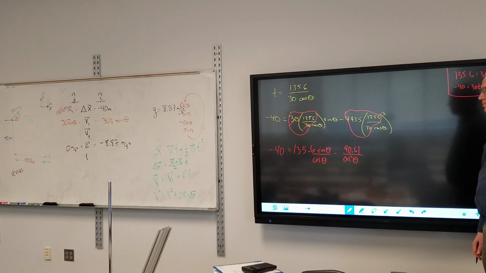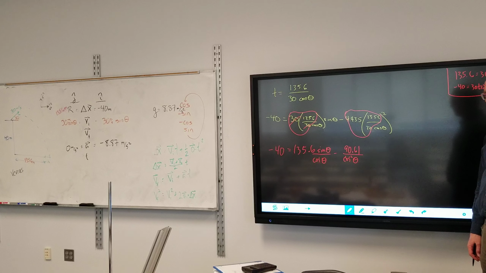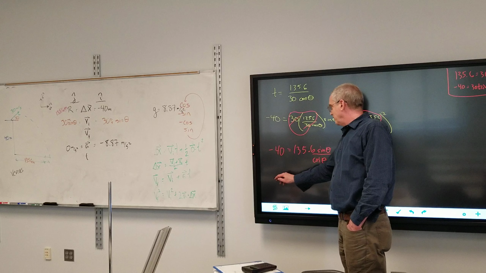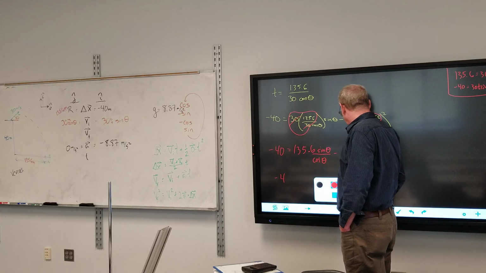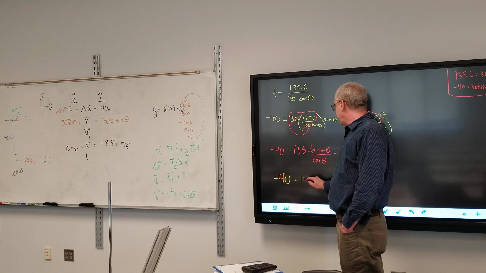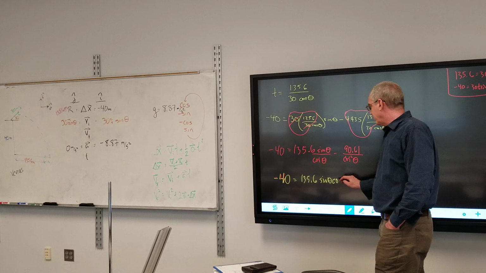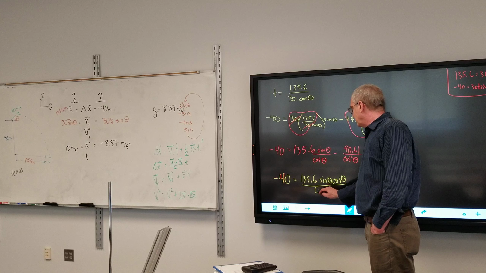All right. Multiply by the LCD. I guess multiply that left one top and bottom by cosine theta to make the denominator cosine squared theta. Okay. So negative 40, let's go for a brighter color. Negative 40 equals 135.6 sine theta cosine theta divided by cosine squared theta, minus 90.61.